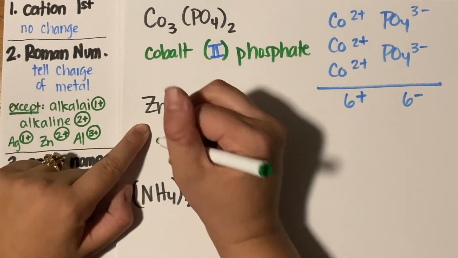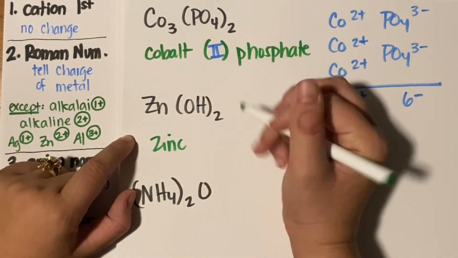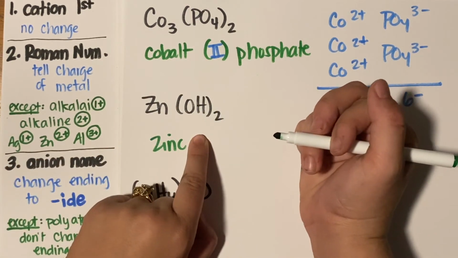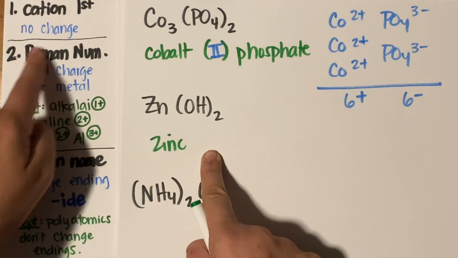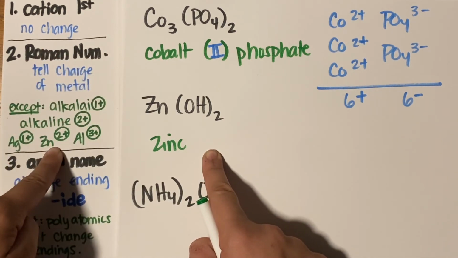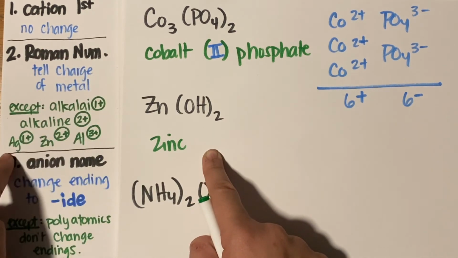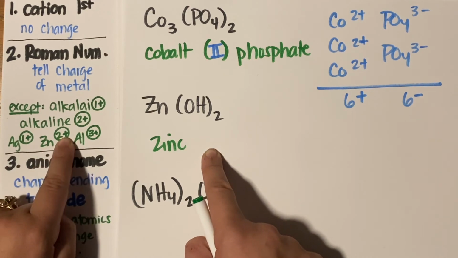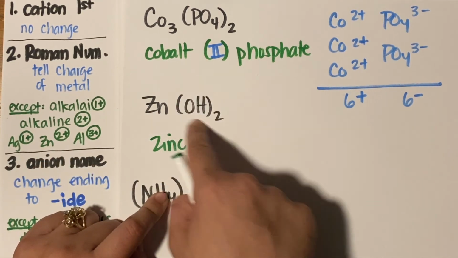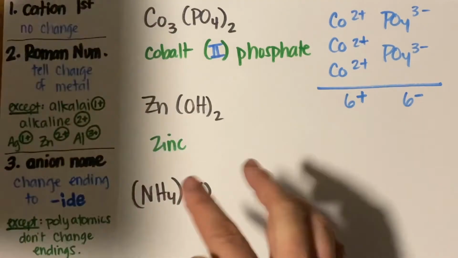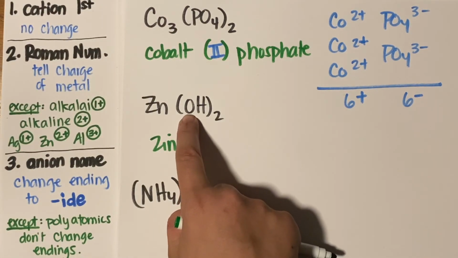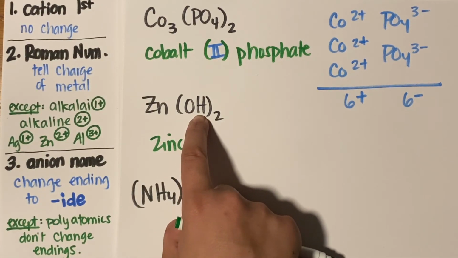Almost done. Zn is zinc. Okay, Roman numerals, except just kidding, don't do it, because Roman numerals, except for zinc, right? Except alkali, alkaline, and all these guys. Zinc is always +2, so it's just gonna be zinc and whatever the heck OH is. Please don't be the person that says oxygen hydride, okay? I get it every year.